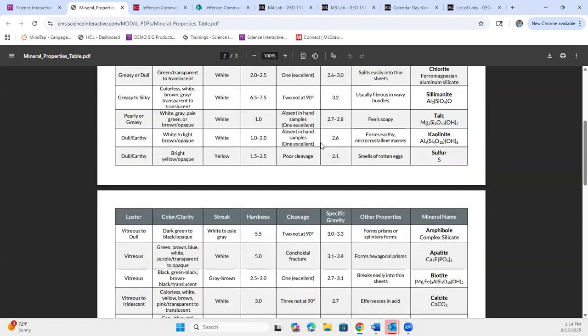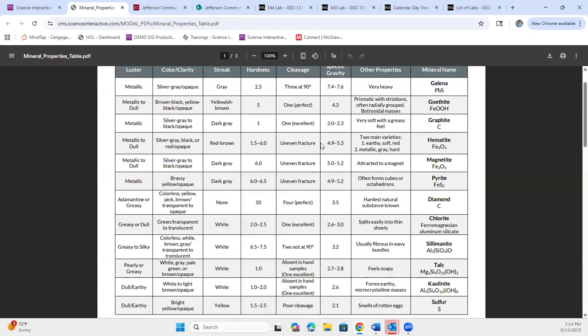What? Okay. Interesting choice there, Science Interactive. This is the most disorganized chart I've ever seen in my life.